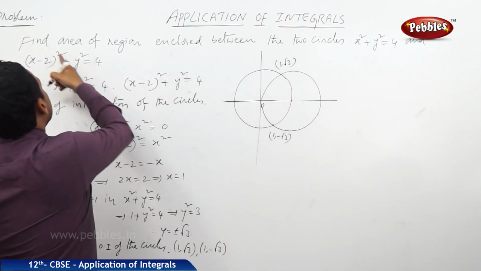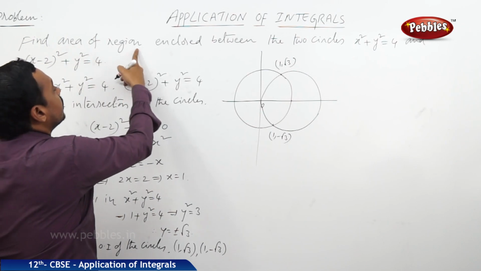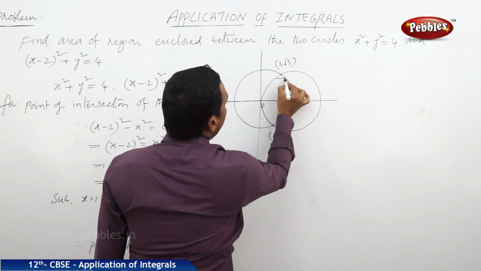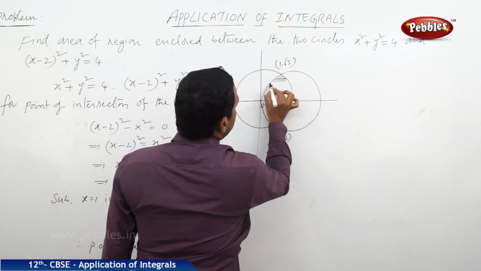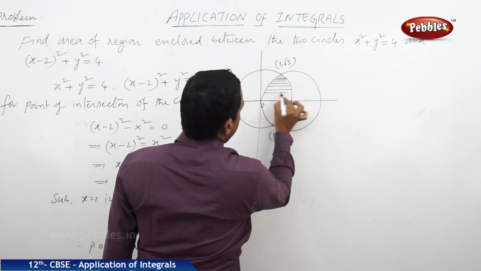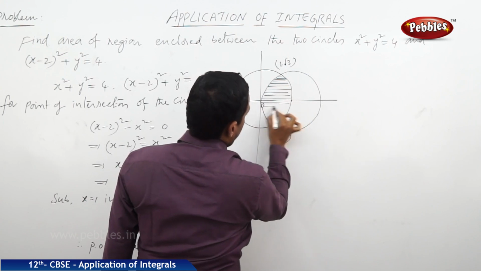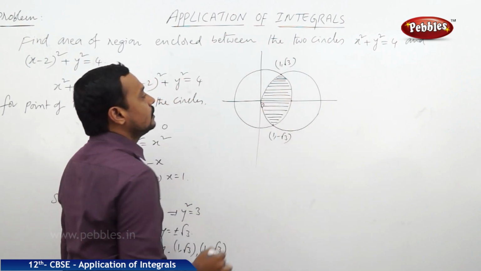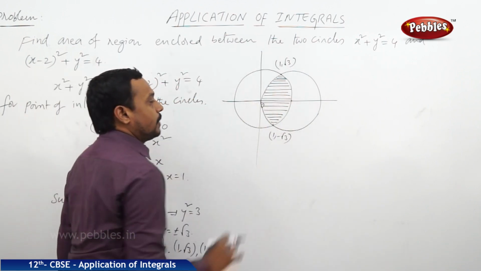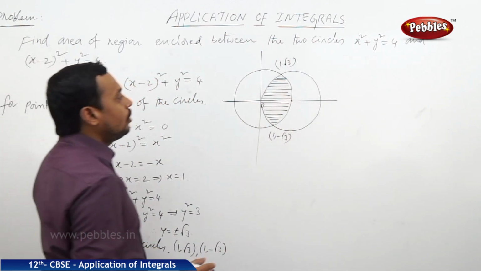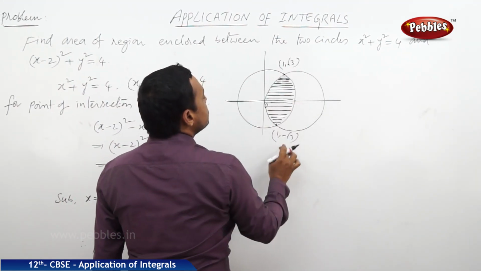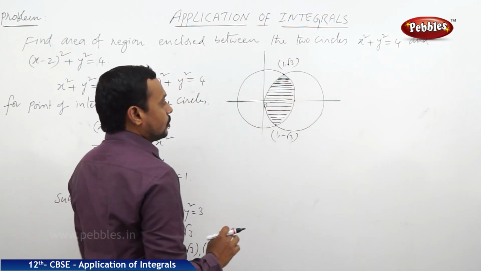Now, what is the question? Find the area of the region enclosed between the two circles. So, the area enclosed between these two circles is this one. This is the area. Now, we have to find the area of this shaded part. But how? These are the 2 points of intersection of the two curves.